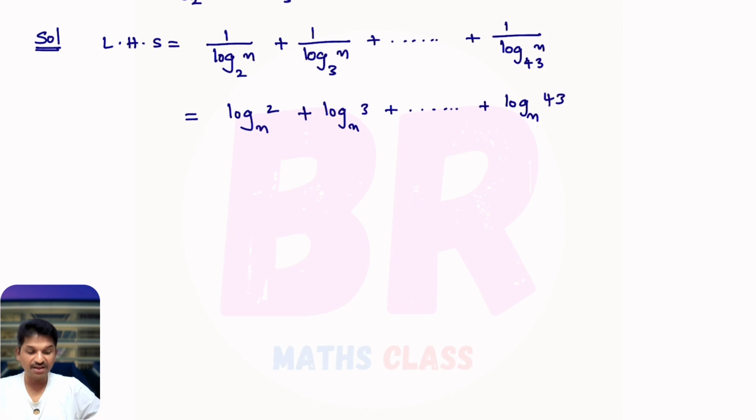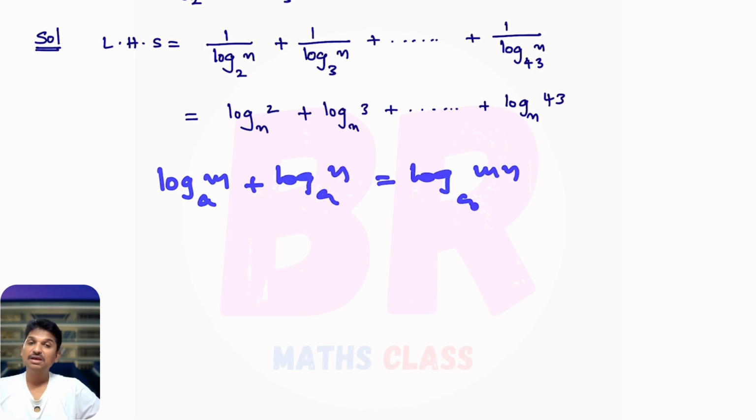43 base n. Now you can observe here this base is same, right? You know this formula log m base a plus log n base a is log mn base a. This can be extended to n number of terms.